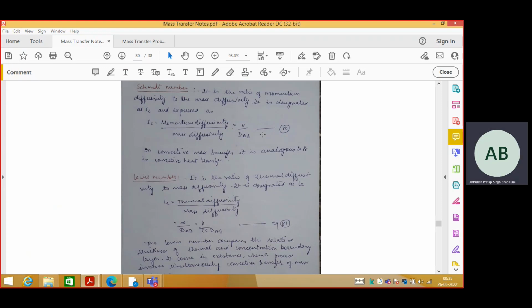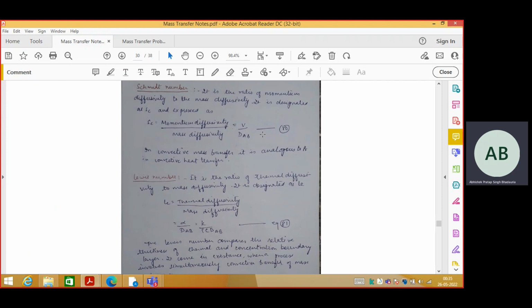Now the next one is the Lewis number. The Lewis number is the ratio of the thermal diffusivity to the mass diffusivity, so it is alpha by D_AB. It forms a connecting link between the temperature and the concentration profiles.